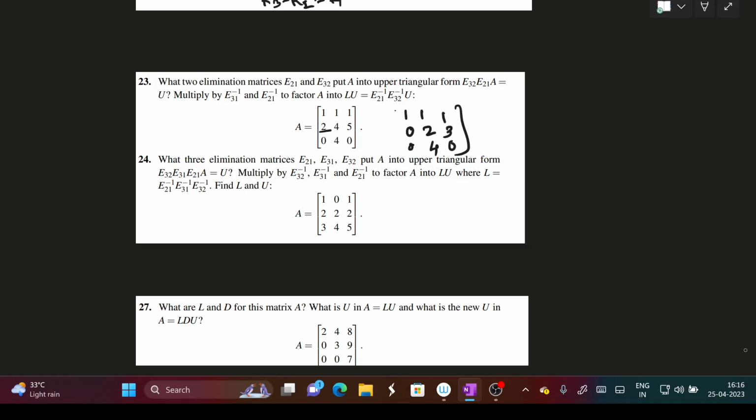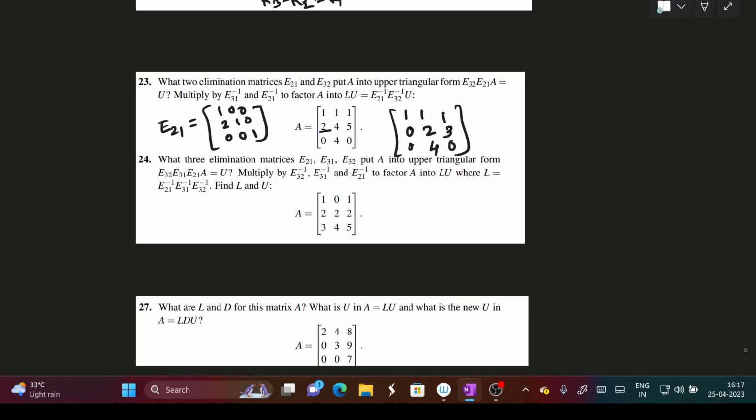So here R2 minus 2R1. So what is E21 in this case? E21 is nothing but 1, 0, 0, 2, 1, 0, 0, 0, 1. It is E21.